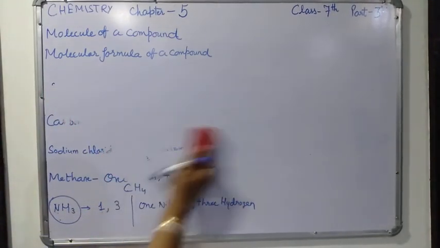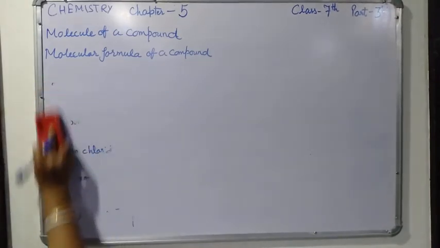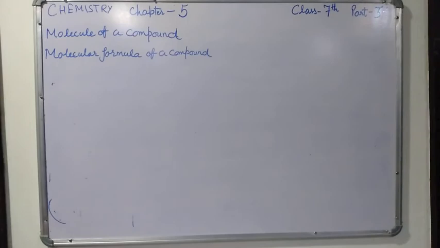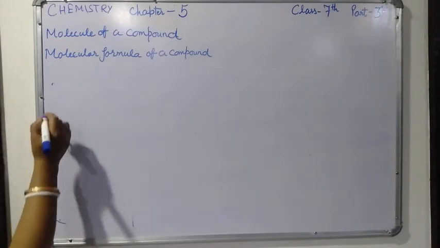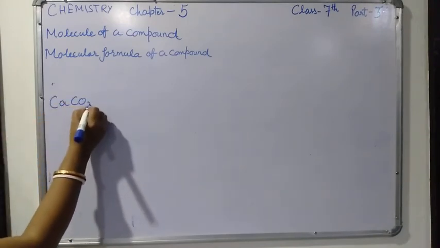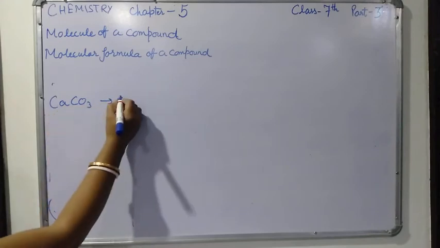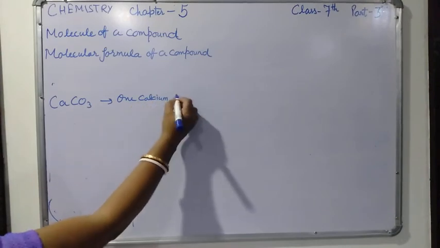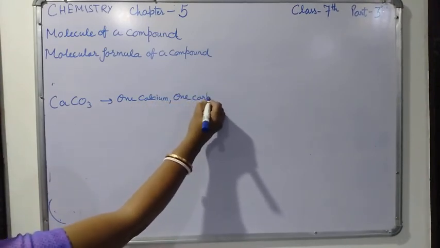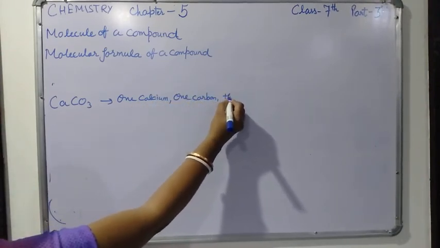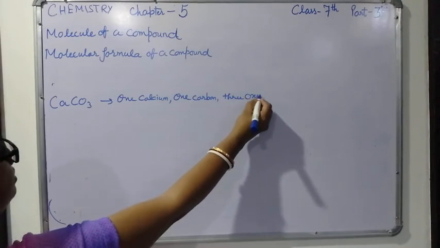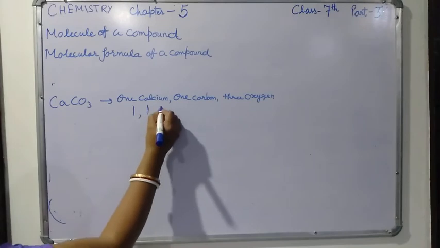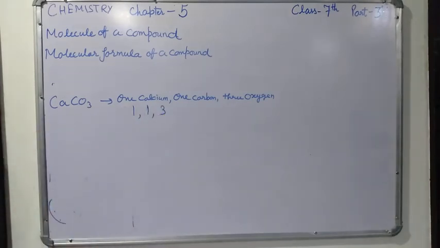Some more examples are there. I am just writing the molecular formula. For example, marble, molecular formula is CaCO3. In this you can see 1 calcium atom, 1 carbon, and 3 oxygen. So you can write like this: 1, 1, 3.